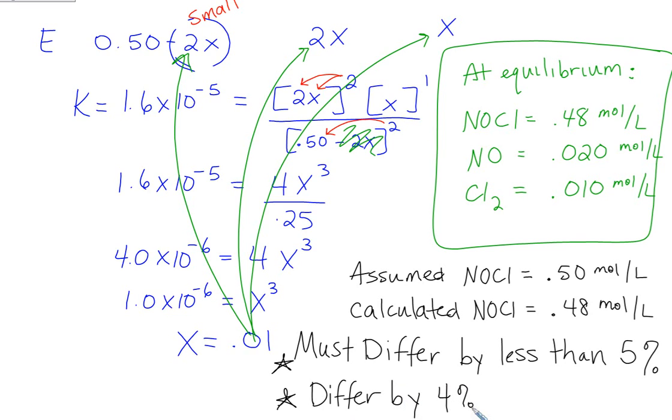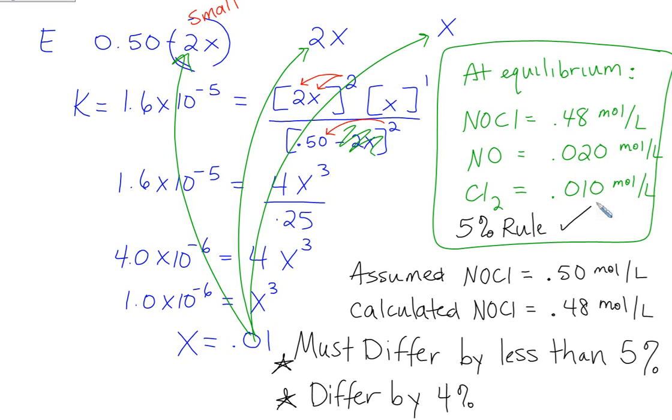So I usually do this. When I list my final answer, I'll just say 5% rule, check. That's how I acknowledge the fact that my assumption was valid. I had the original setup, but when I did the math, I did not include that minus 2x because of the 5% rule. X is small, whatever it is. It ended up being small, 0.01.